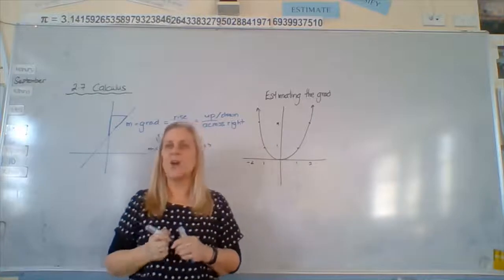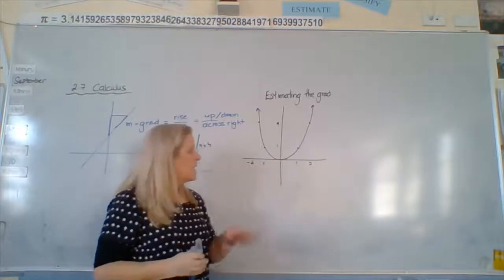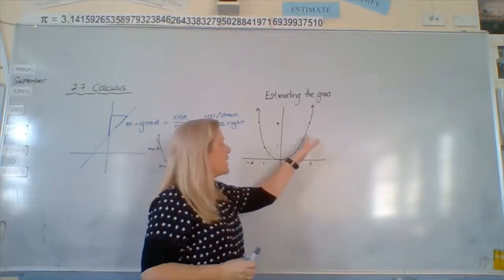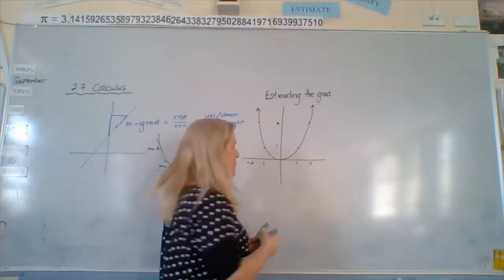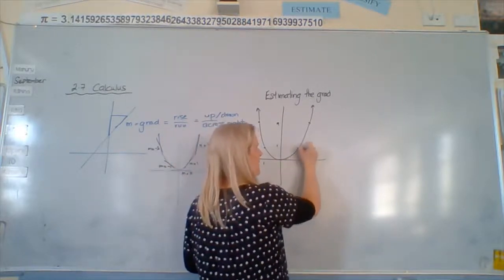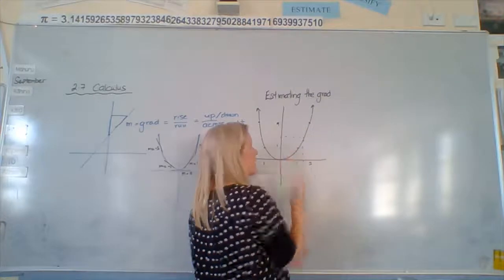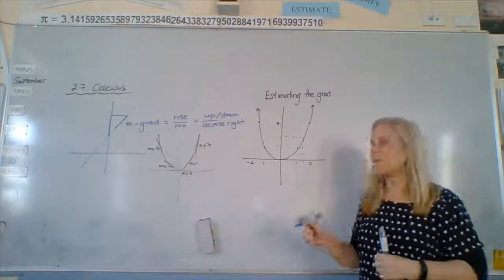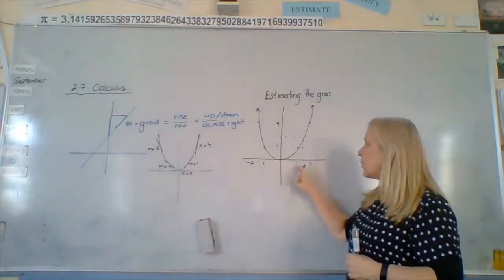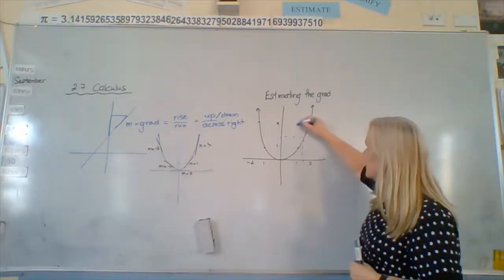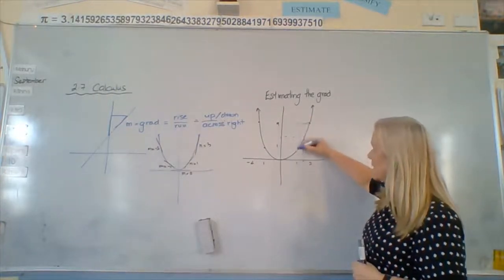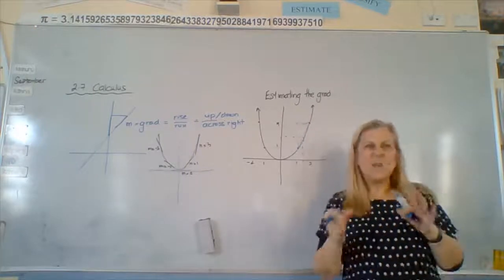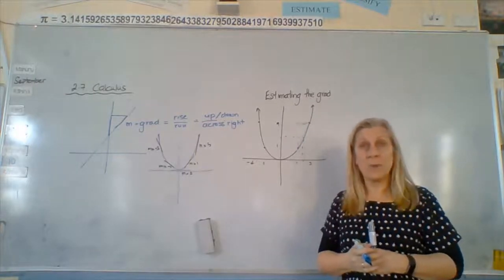So if we wanted to find the gradient of a point at about halfway in between here, 1.5, what we could do is we could find what the value of 1 is. So we could find this. It would be close to the gradient at that point.